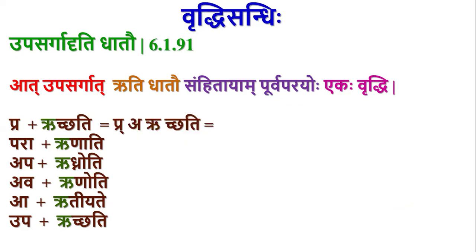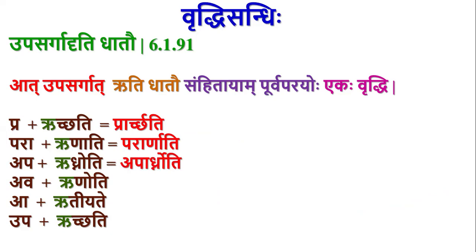So here we can see pra can be written as pr plus a, ruchati can be written as ru plus chati. At this stage, a plus ru is equal to ar, so it becomes prarchati instead of prarchati. Similarly, in other cases, para plus runati, pararnati instead of pararnati.